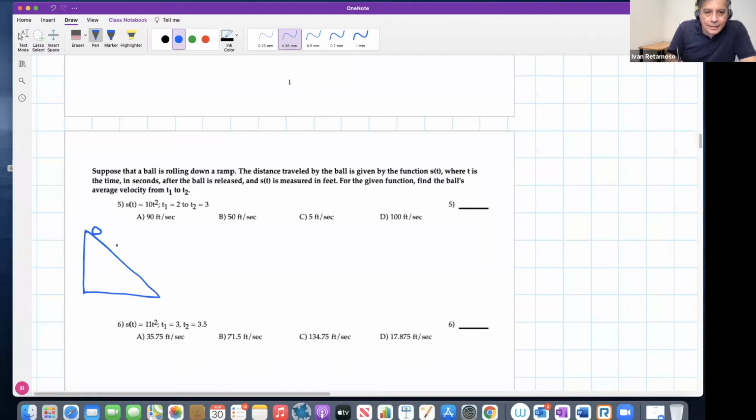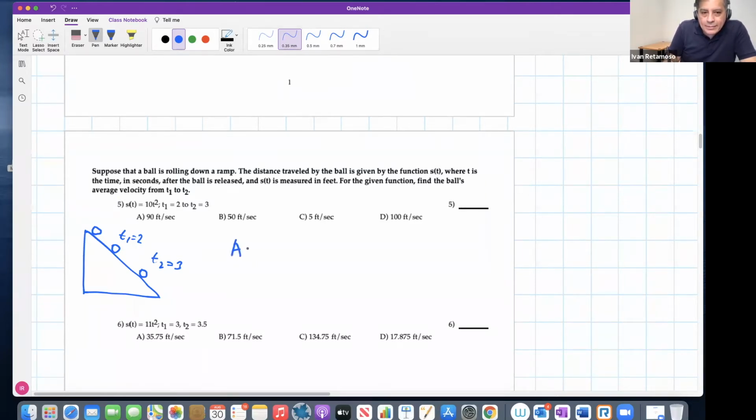The ball is moving, and there is a time 1 and a time 2, right? So let's say this is t1 equal 2 seconds, and later on, let's say t2 equal 3 seconds. They want to know the average rate of change between the position and the time, the velocity. So let's compute that.